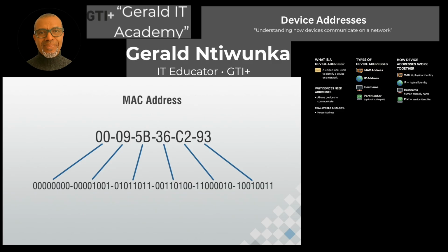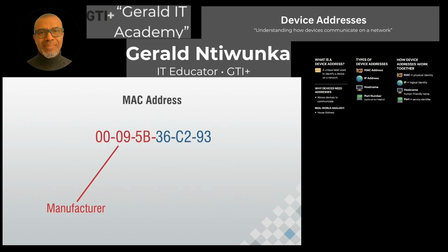MAC addresses are typically composed of 6 groups of 2 hexadecimal digits separated by colons. The first 6 characters of any MAC address are used to identify the manufacturer. The first 6 on the left, you can see it in red.